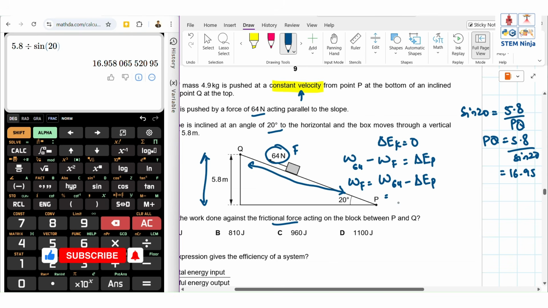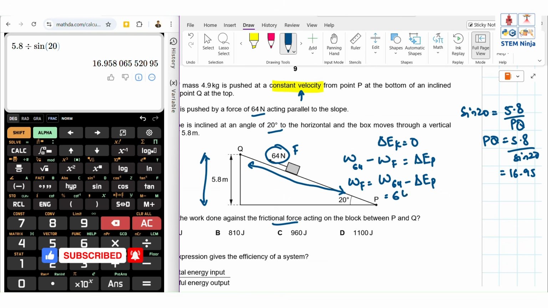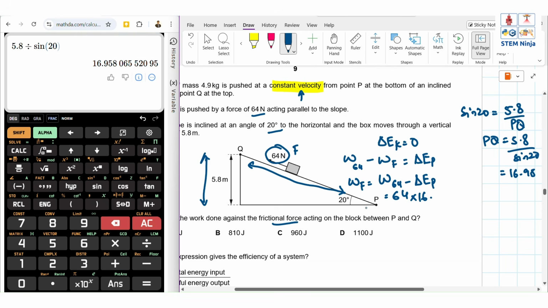So work done by this is 64 times by 16.96, let's call it, minus mgh. M is 4.9 times by 9.81 times by 5.8.